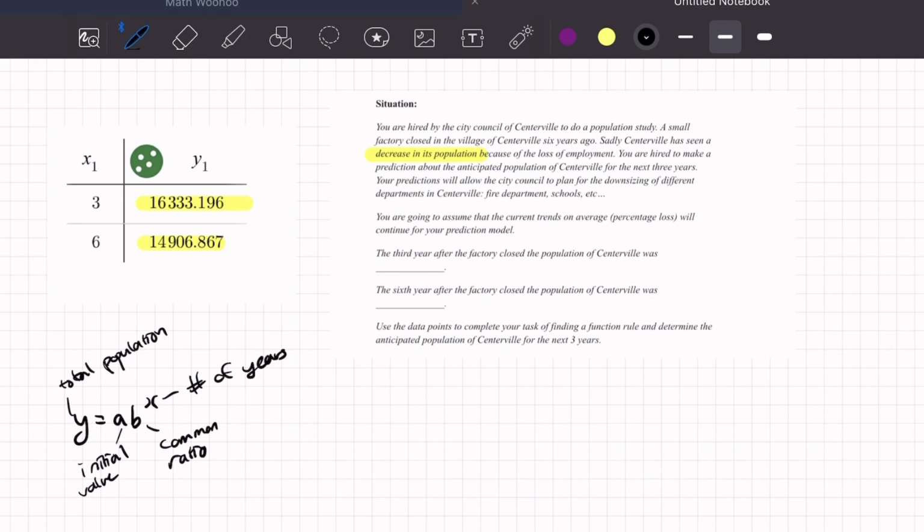This also tells us that b is less than 1 but greater than 0 because numbers that are less than 1 but greater than 0 recursively multiplied are basically finding the fractional portion of the previous number. So the following number will be less than the previous number.